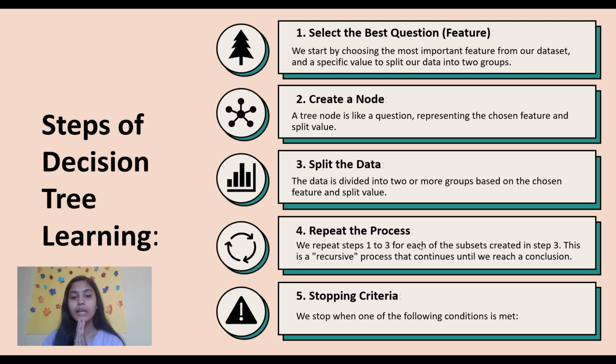Okay. Now the third one is split the data. The data is divided into two or more groups based on the chosen feature and split value. So this data is divided into two groups if it is a classification problem, and more than two groups if it is a regression problem.